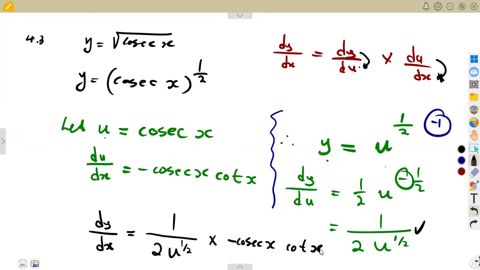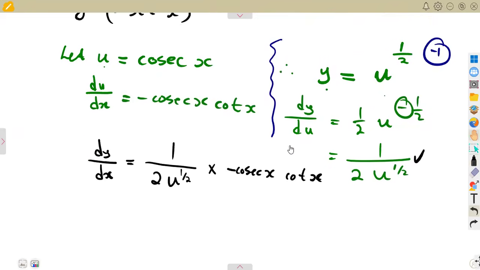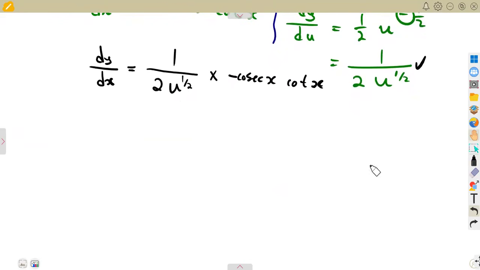This is what we have. So you determine your derivatives, then you can simplify further. Remember, it is supposed to be the derivative of y with respect to x, not u, but x.